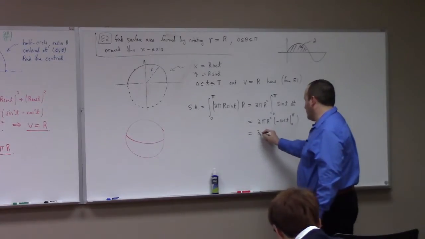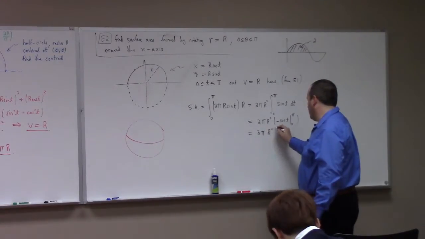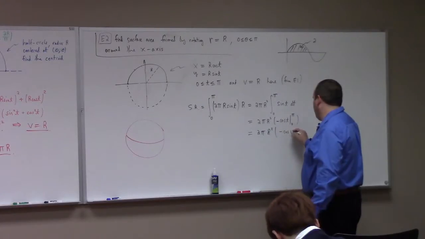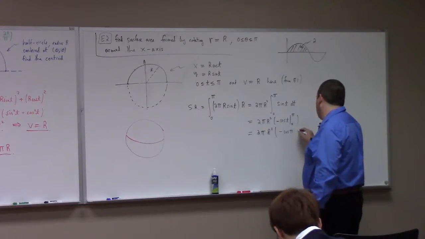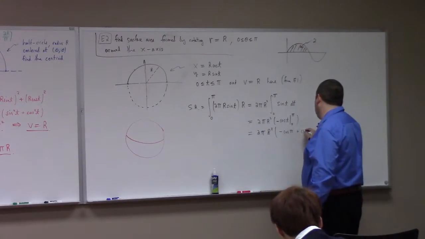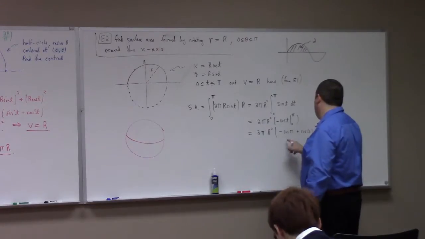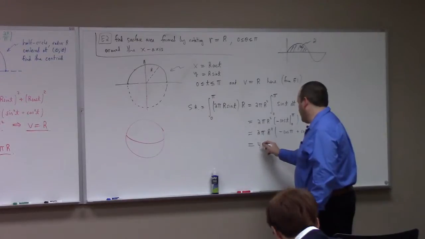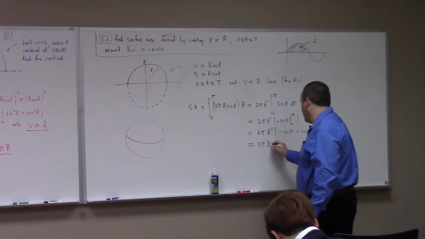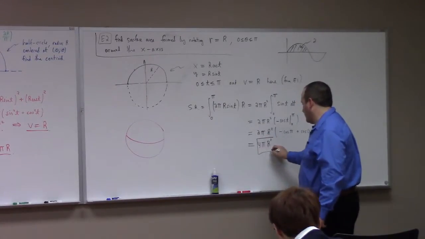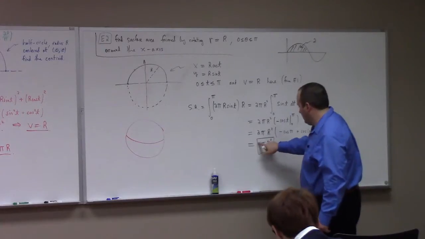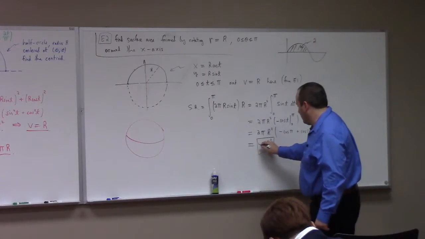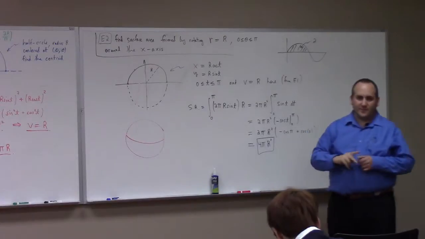So we get 2 pi r squared times minus cosine pi plus the cosine of 0, which of course is minus 1, so it's 4 pi r squared. The familiar result, 4 pi r squared, but I'm not sure. Do you guys know that before I told you? Show of hands, who here knew that the area of a sphere was 4 pi r squared?